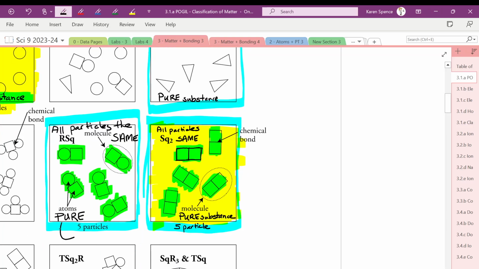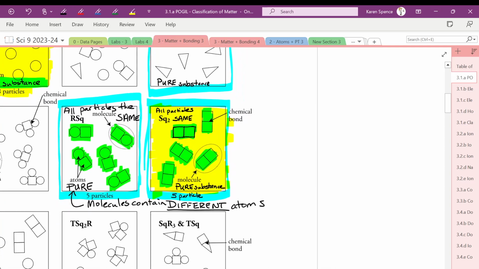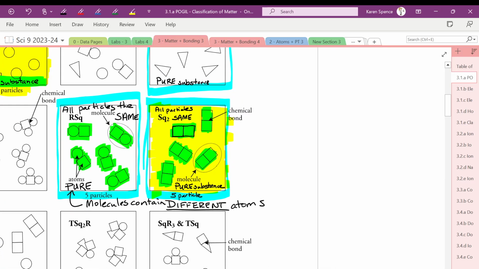Okay, so the molecules contain different atoms. Do you know what we call it when we have molecules that contain different atoms?